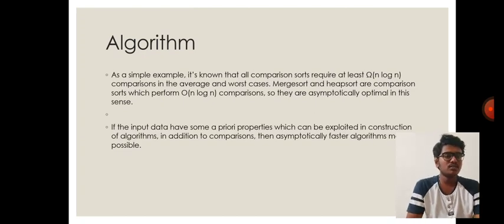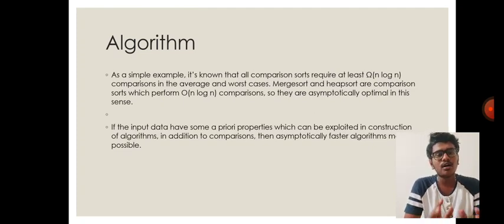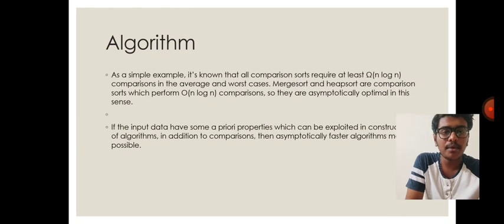Merge sort and heap sort are comparison sorts which perform big O of n log n comparisons, so they are asymptotically optimal in this sense. If the input data have some a priori properties which can be exploited in the construction of algorithms, in addition to comparisons, asymptotically faster algorithms may be possible.